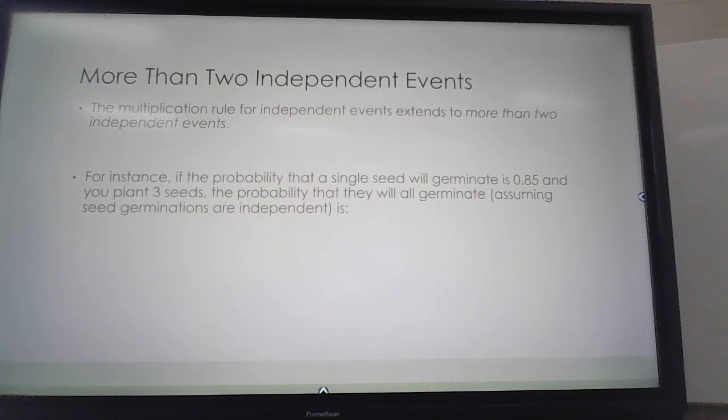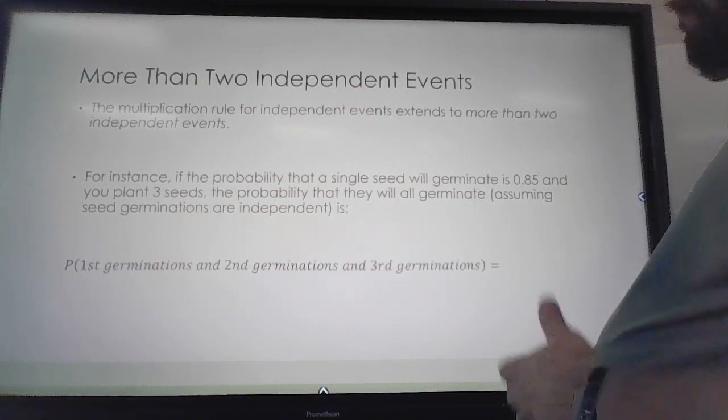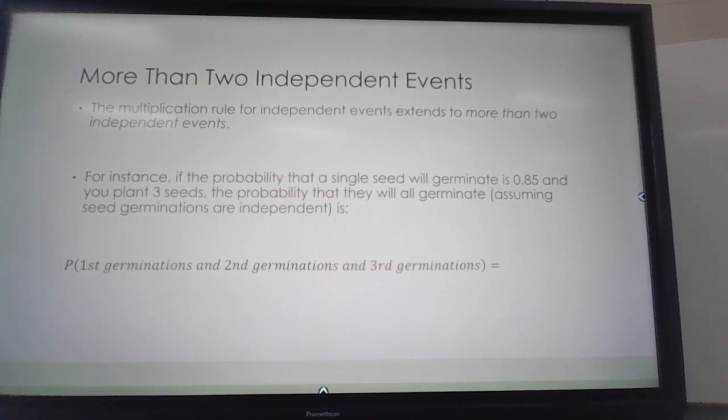For instance, if the probability that a single seed will germinate is 0.85 and you plant 3 seeds, well, assuming that all that's independent, we just multiply all 3 of those together, right?